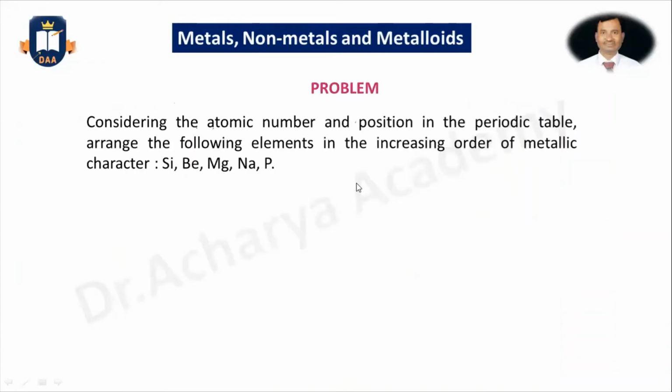Now we'll consider one problem exercise. It will be helpful for your exam. Considering the atomic number and position in the periodic table, arrange the following elements: silicon, beryllium, magnesium, sodium, phosphorus, in the increasing order of metallic character.